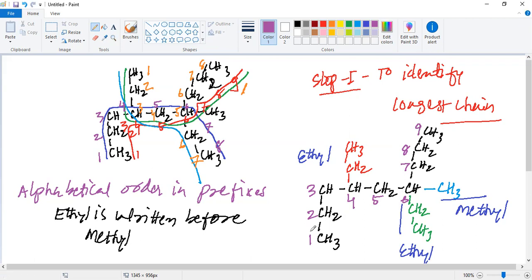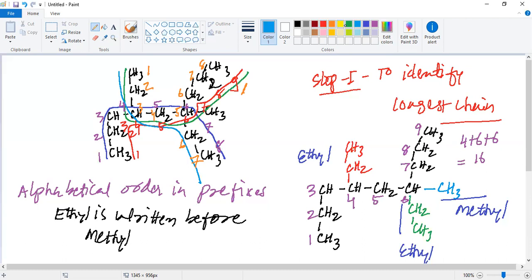And for this, if we take the sum, then we have the branches on 4, 6, 6. So we have the branches on 4 plus 6 plus 6, that is 16.